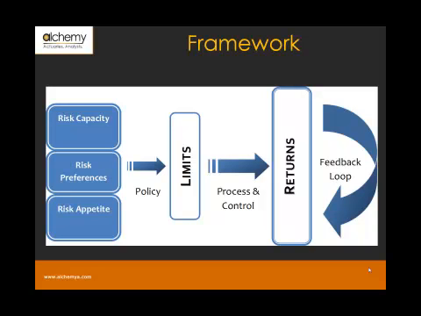If there is a change required in capacity or in preference and appetite, it will simply flow through limits, will then again flow through returns, and as long as the correction or the adjustment is to my liking, I may actually go back and further tweak the capacity, preference, appetite algorithm to ensure that returns are along the lines of what I wish or what my organization or what my shareholders and stakeholders require.